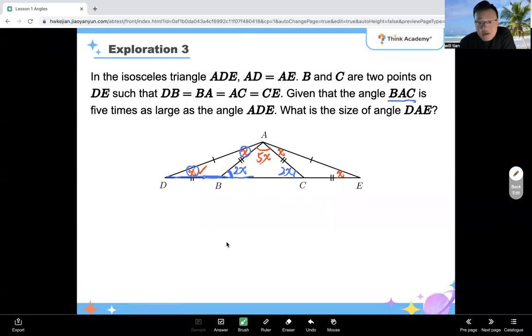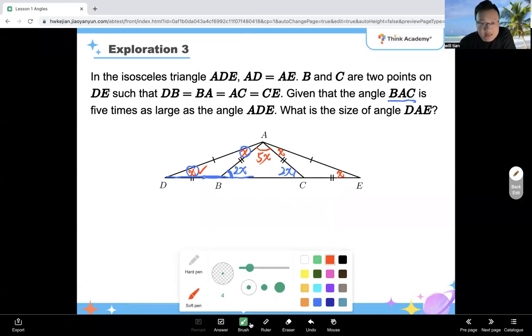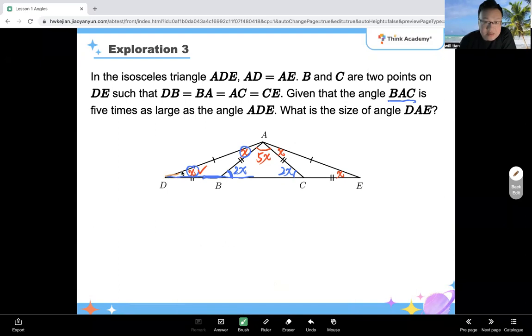Okay. So now we can figure out what x is by doing the sum of all 3 interior angles of this triangle ADE, guys. How many x add up to 180? If you solve that simple equation, you find what x is. Angle DAE equals 1x, 5x, 1x, which is 7x, right?